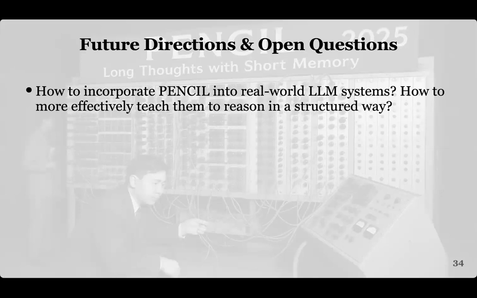We might need to generate some datasets and fine-tune existing language models to learn how to erase, because initially language models don't know how to erase thoughts. We might want to generate cold-start datasets for language models to learn how to erase thoughts, and maybe there exist other approaches to teach them to reason in such a structured manner.